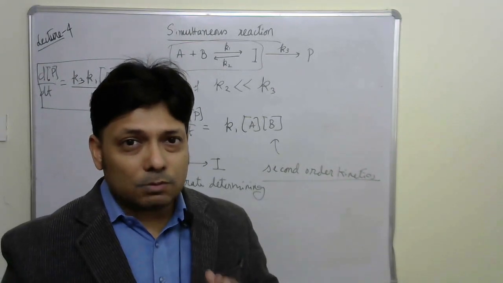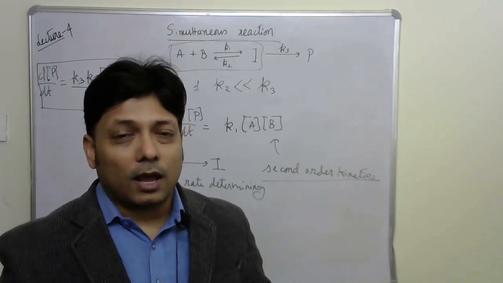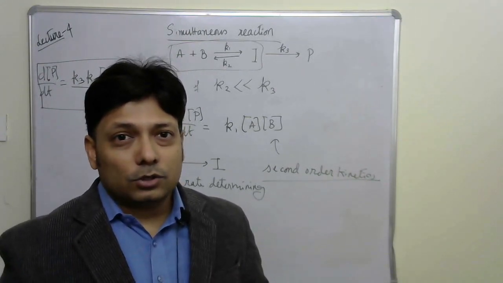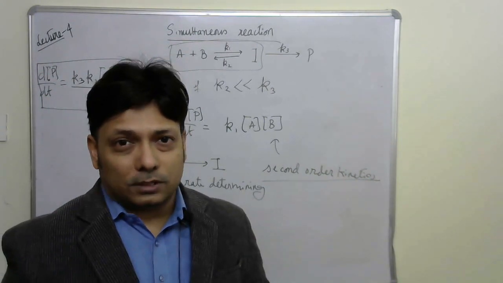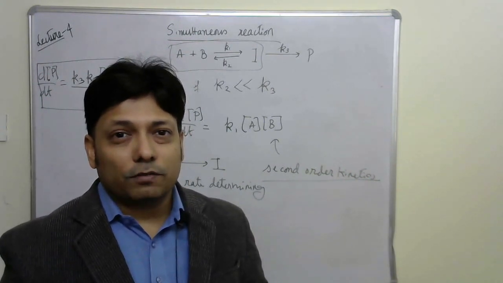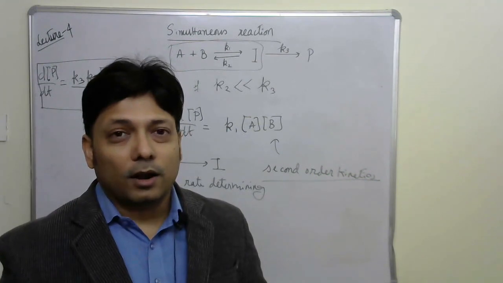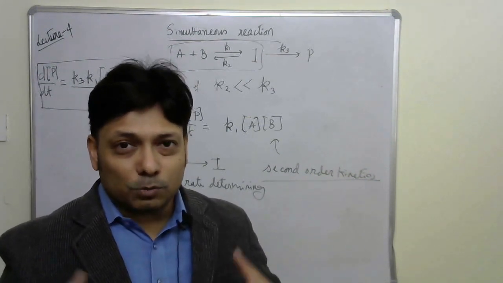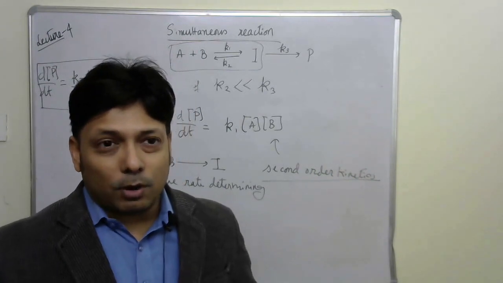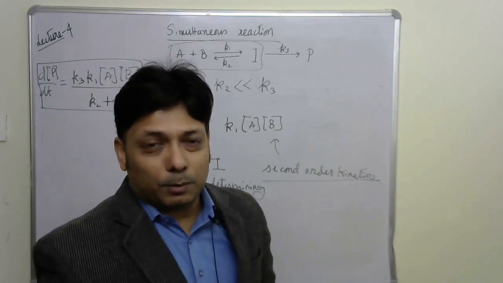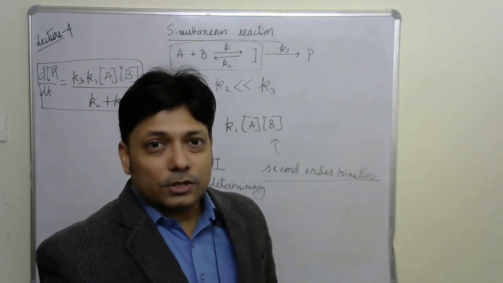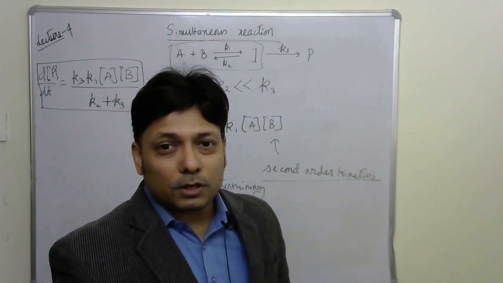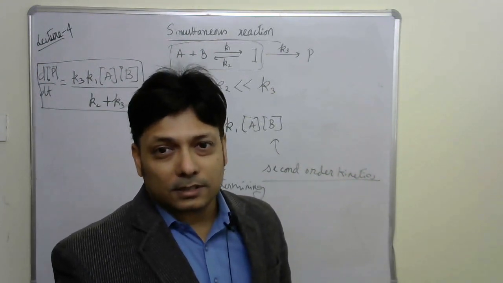But at this point, we'll take a pause and go through a series of tutorial lectures where we will address a few questions and answers to make ourselves familiar with chemical kinetics. So we will follow some tutorial lectures next.